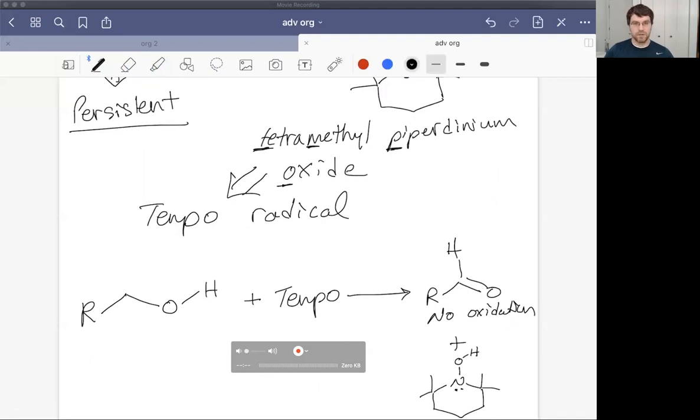Anyway, this is a byproduct that's easy enough to deal with. And the starting material is easy enough to come by. So you can usually just have copper, and I think it's copper and TEMPO that are used to generate a catalytic system. You can use enzymes, you can use electrolysis. Anyway, a really green procedure that gives rise to a way to generate carbonyls from alcohols without any substantial byproducts.